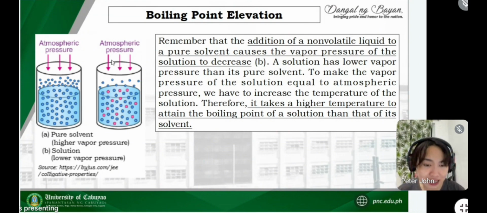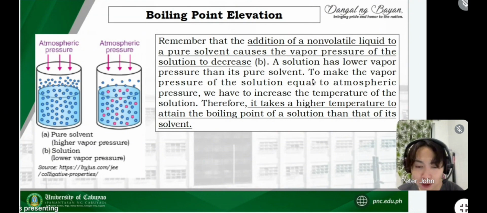As we can see in the second picture, in the glass, we have a solute here, this pink one. It is unspecified what kind of solute this is, but what is highlighted here is that once we add a solute in a given solution, the vapor pressure can be influenced. They are still connected together. A solution has a lower vapor pressure than the pure solvent. Yes, that's right, as we said earlier.